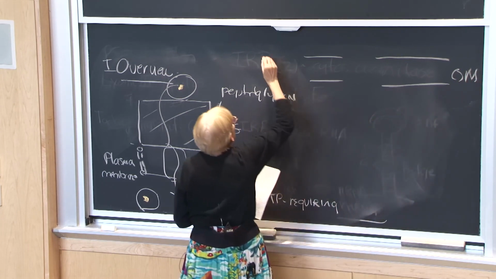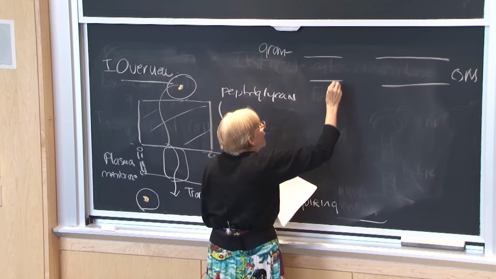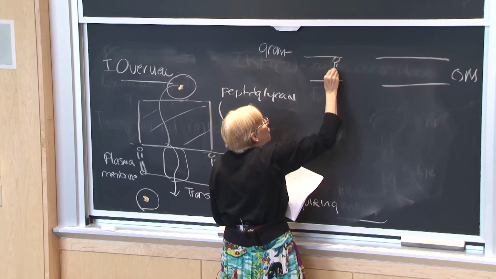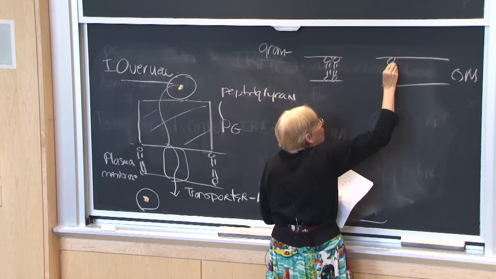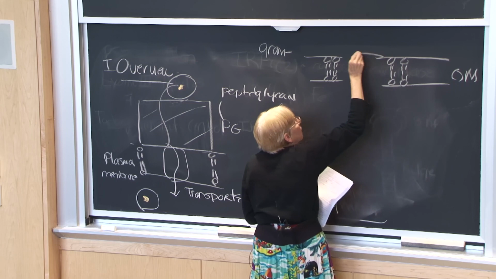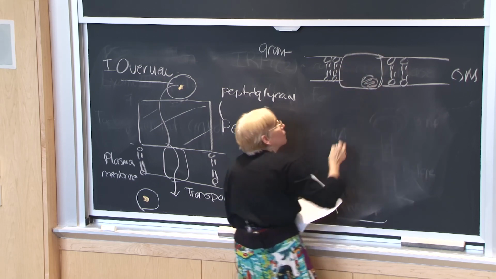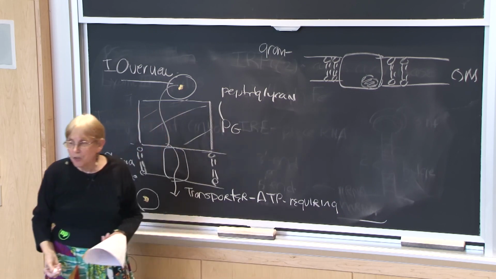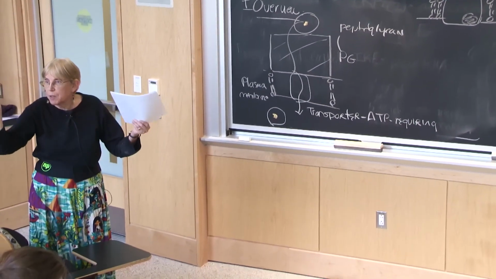So this is gram-negative. And what we have in the outer membrane are proteins. It has a lot of proteins. And it has a big protein with a ball in it. These proteins have 27 beta strands, and these are beta barrels.